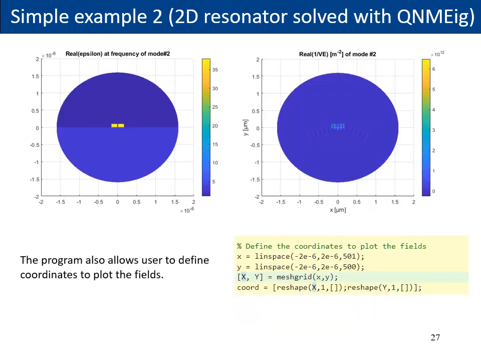Also, same as the 1D program I mentioned before, this tutorial 2D also allows the user to define coordinates to plot some important values. For example, here I have defined coordinates to plot the permittivity and the mode volume of the quasi-normal mode.